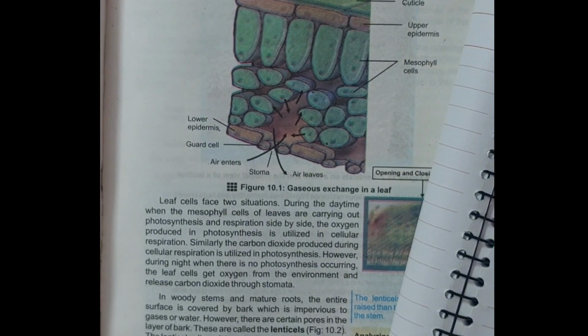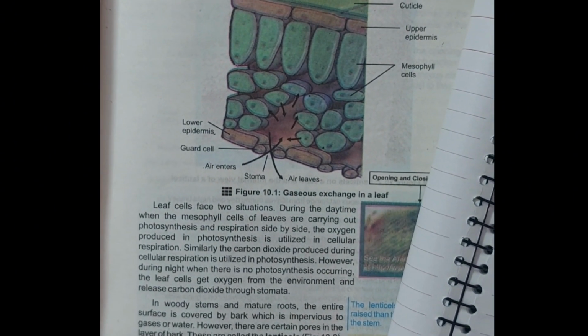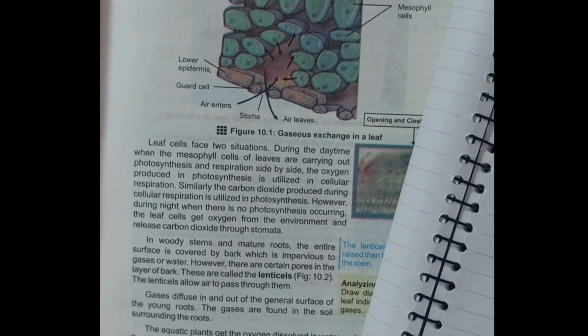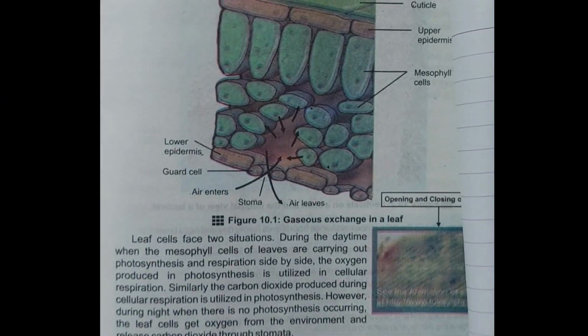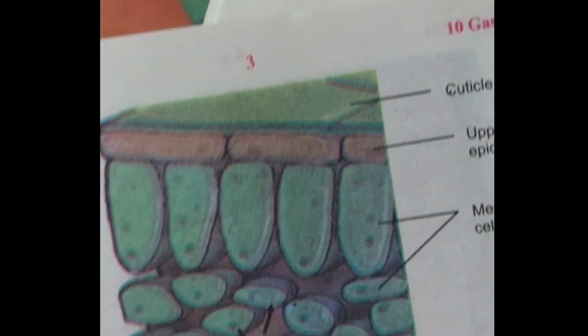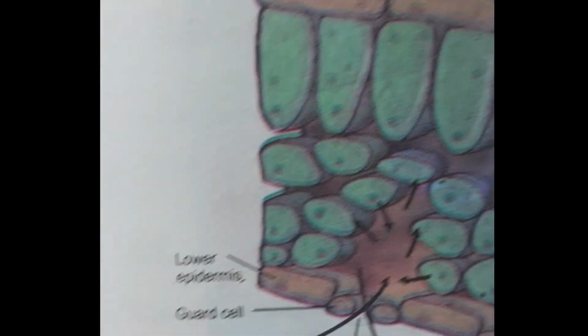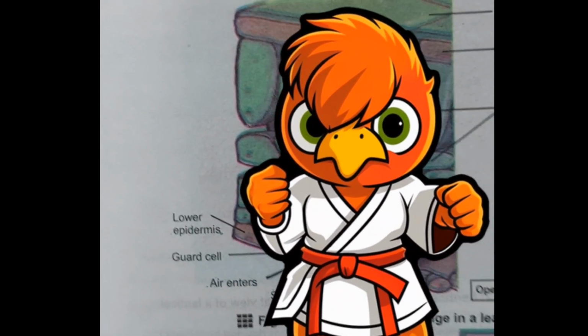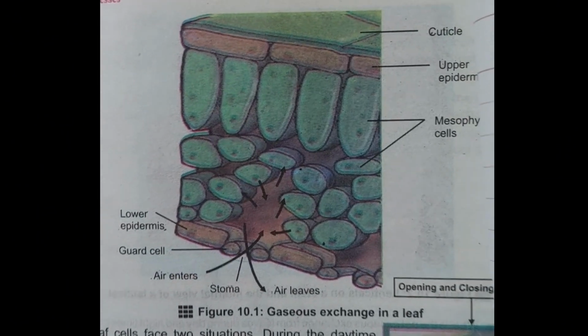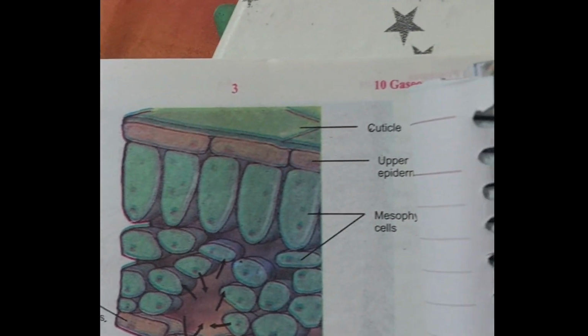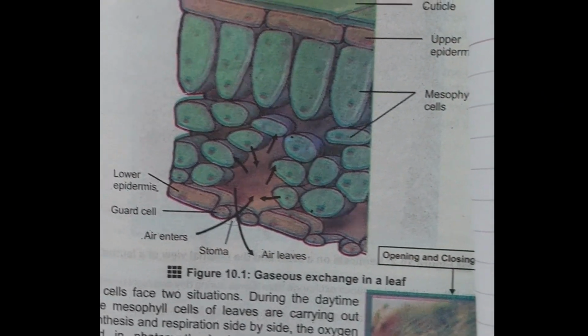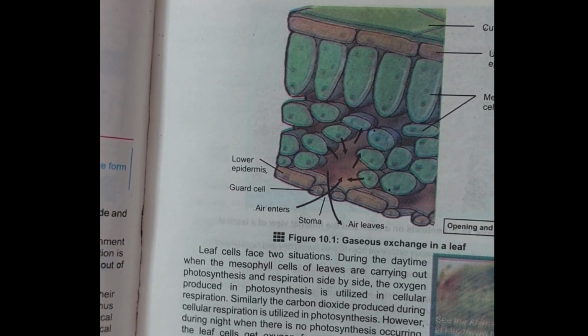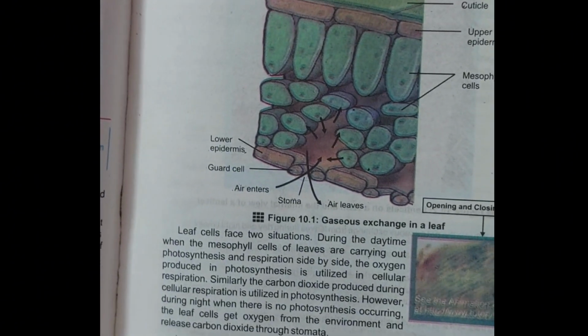You just have to write about the leaves or the stems, mention the stomata, and how the gases are produced in the day and night, right? You also have to learn the important terms such as cellular respiration, gaseous exchange, and breathing. These terms are very important and you must know them on your fingertips, right?